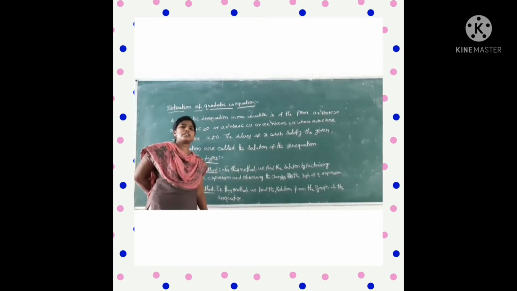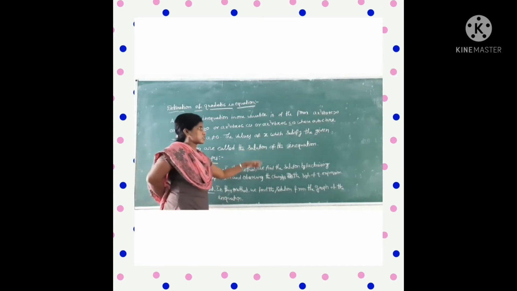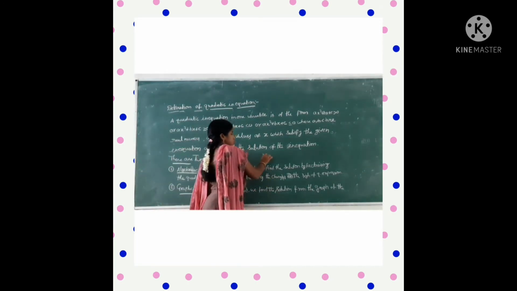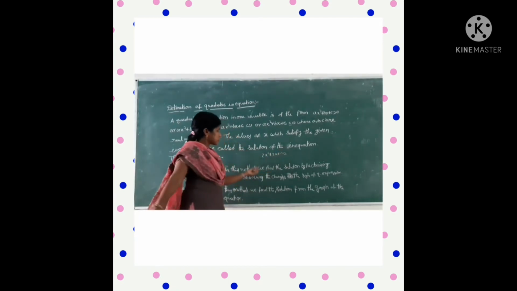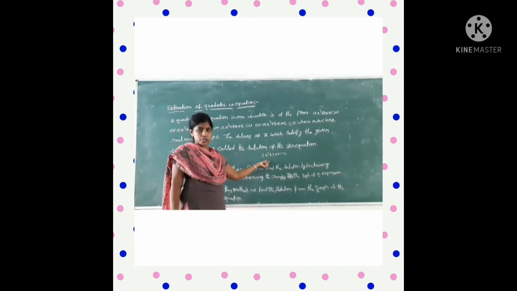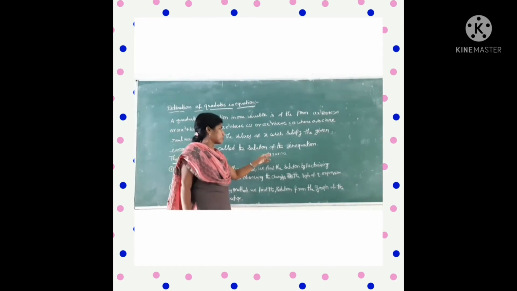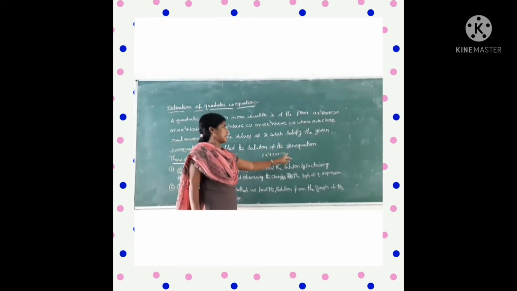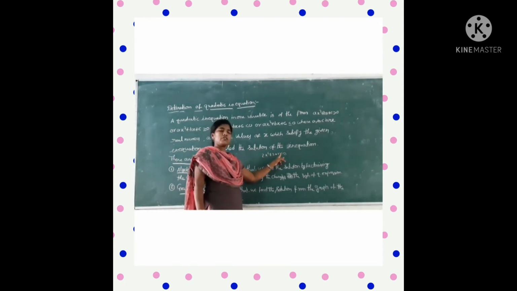Graphical method means here we take some quadratic equation, for example 2x square plus 3x plus 1 is equal to 0. In this place for x we substitute 0. Substituting 0, we get value 1. The x square term is 0, this one is 0, here 1.